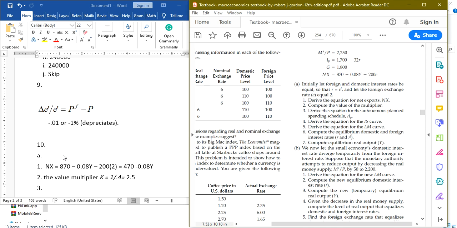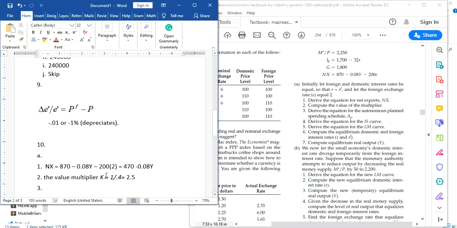So part 3 says to compute or derive the equation for the autonomous planned spending schedule, AP. So how we state that one, we state it in this way. Let me enlarge it so that you can see it.